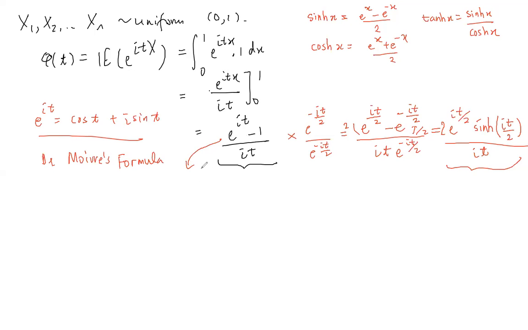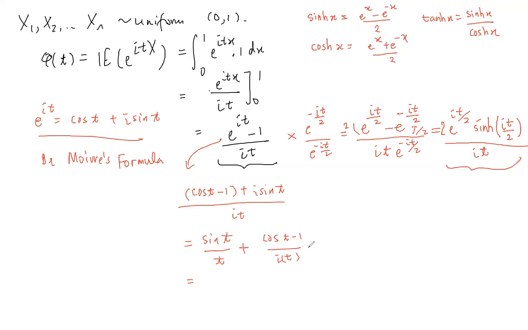Then you will be able to express this as (cos t minus 1 plus i sin t) over it. Therefore you have sin t over t plus (cos t minus 1) over ti.